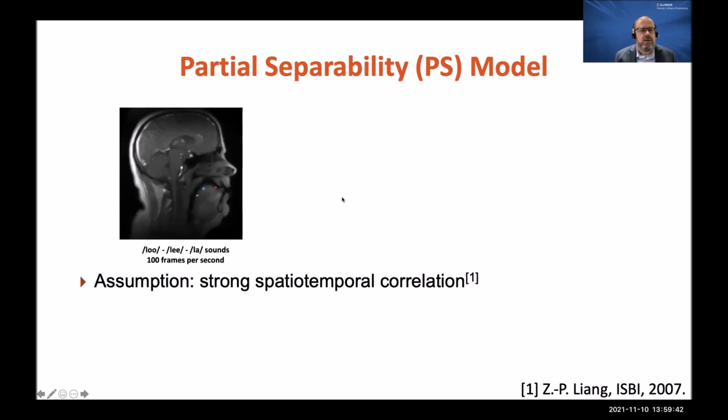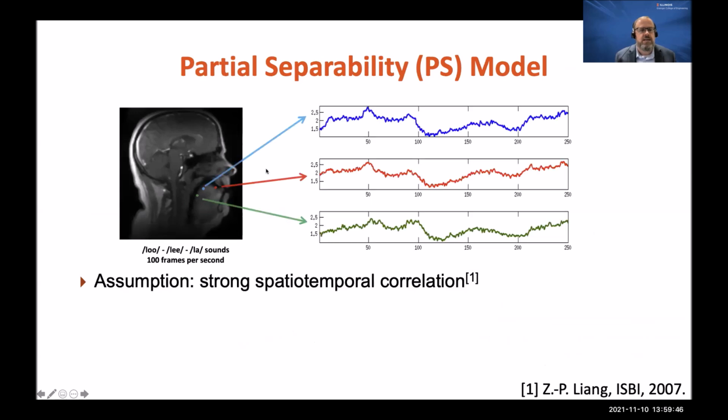Well, the partial separability model is basically looking at, in this case, a three-dimensional image here. It's 2D by time, and realizing that each pixel does not have an independent signal. So when we do Fourier sampling, we're assuming that every location in the image is independent. But when you look at real images, you find that there are a lot of spatiotemporal correlations.